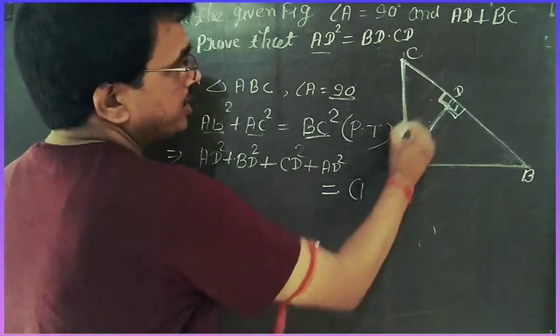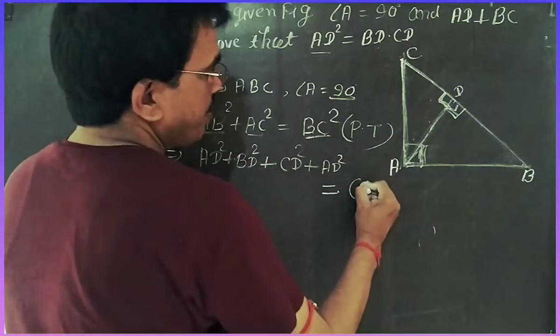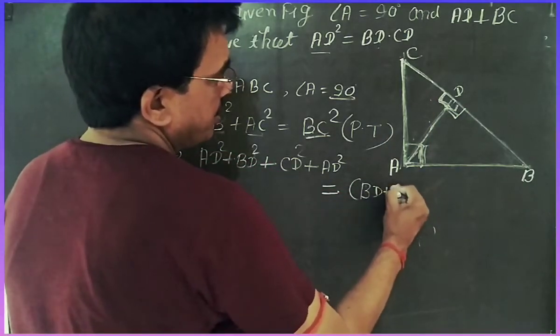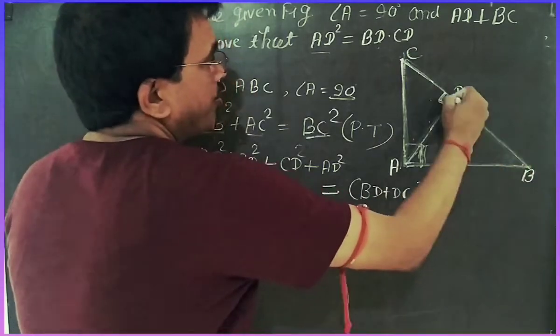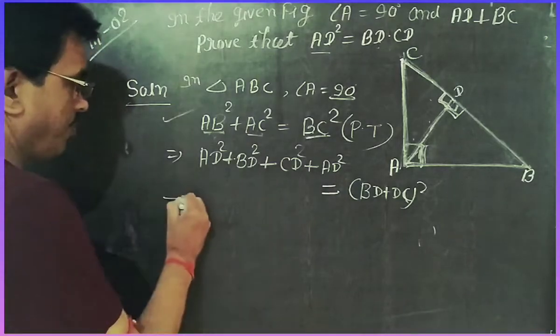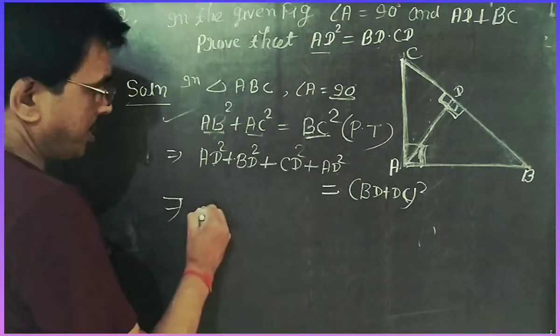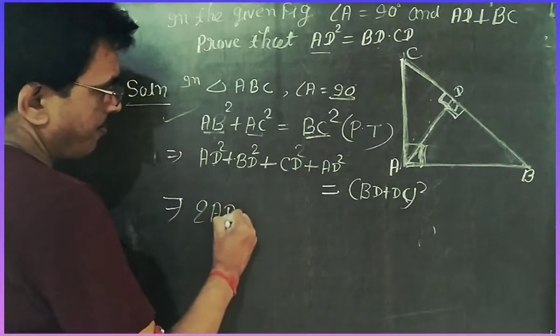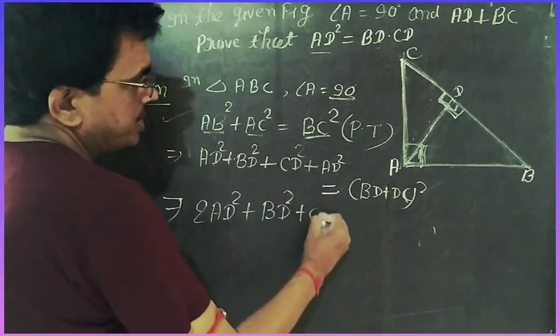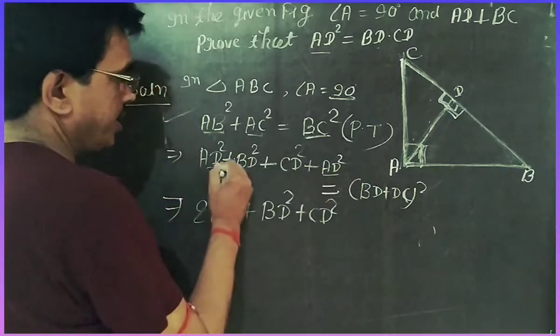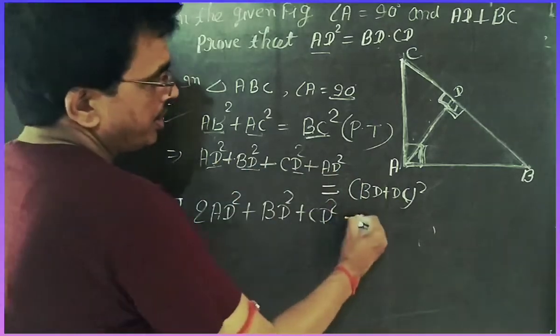You write BC is equal to BD plus DC, whole square. What do you get here? AD square plus AD square, 2AD square, plus BD square plus CD square is equal to the whole square of BD plus CD.